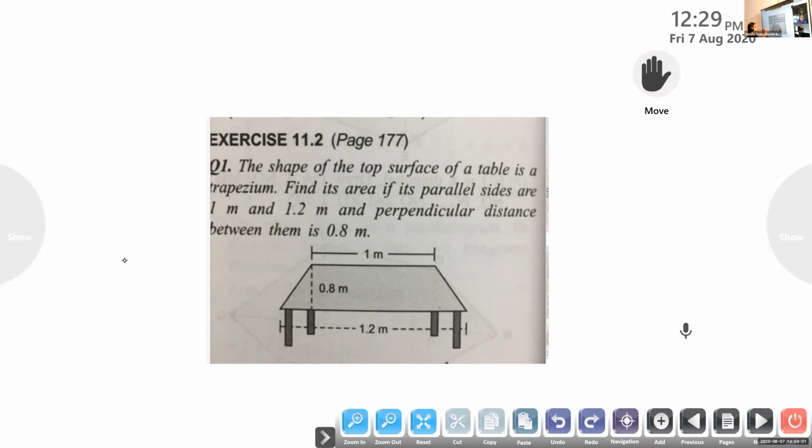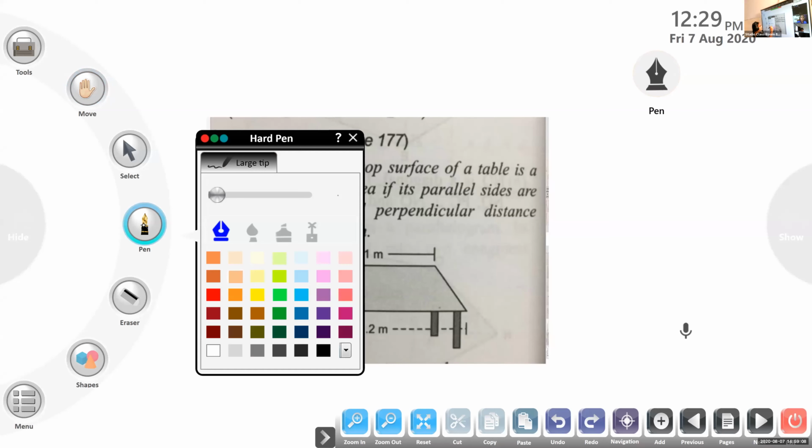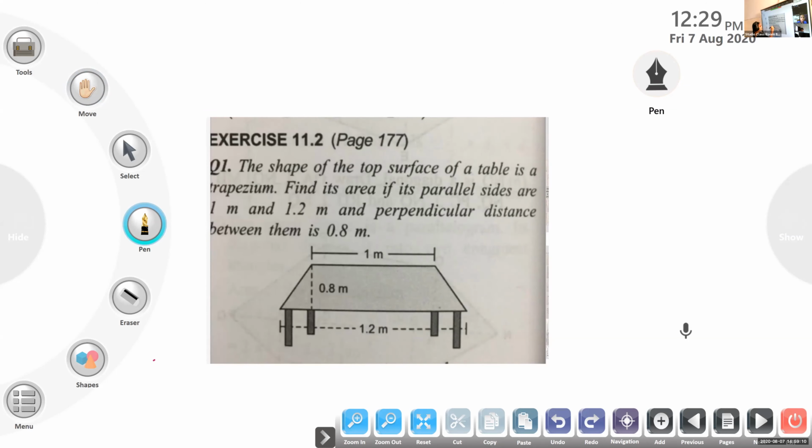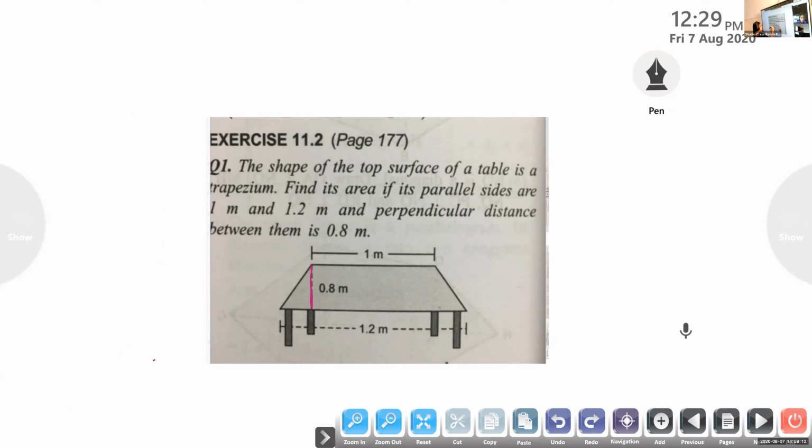And the distance between the parallel sides is this one, 0.8. That is h equal to 0.8 meter.